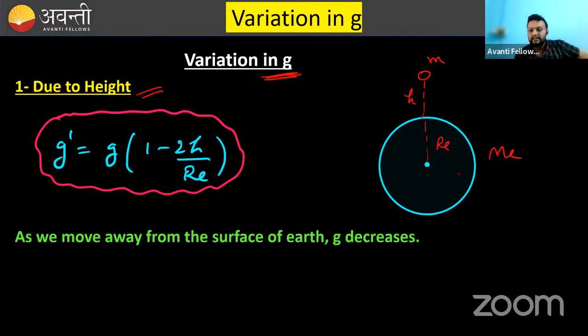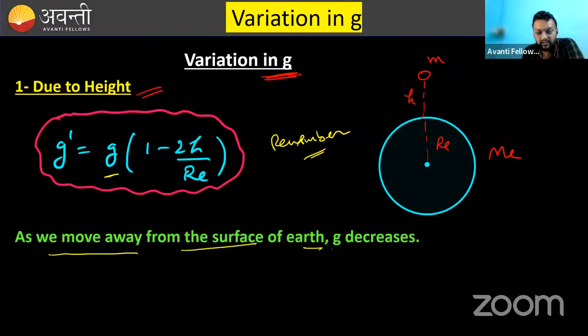Now the variation in g will be g dash is equal to g, this is the original gravity, times 1 minus 2h over Re. You should remember this: g dash is equal to g(1 - 2h/Re). h is the height from the surface, Re is the radius of the Earth. The conclusion is, as we move away from the surface of the Earth, gravity, or acceleration due to gravity, decreases. Try to note it down.